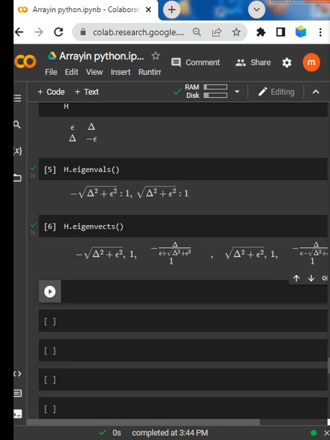Here the eigenvalues are like a minus the square root of delta squared plus epsilon squared, with multiplicity 1, and the other is the square root of epsilon squared plus delta squared, each with multiplicity 1.